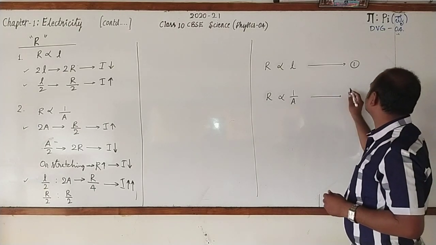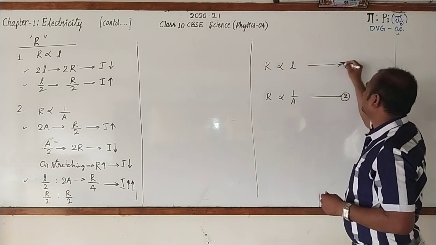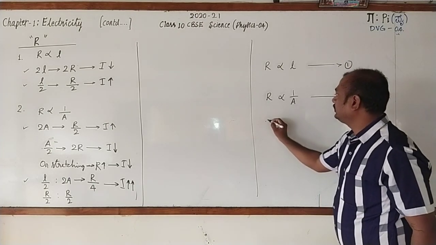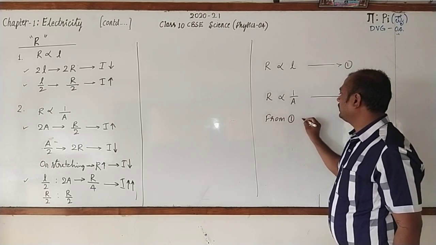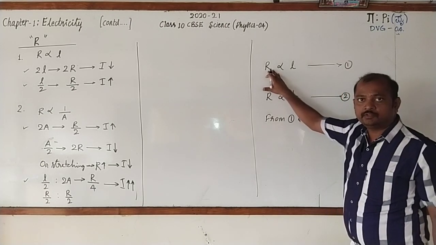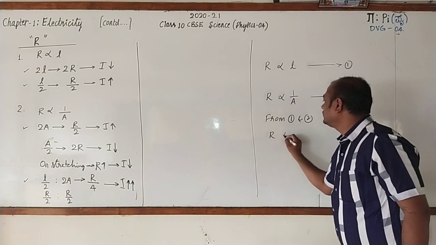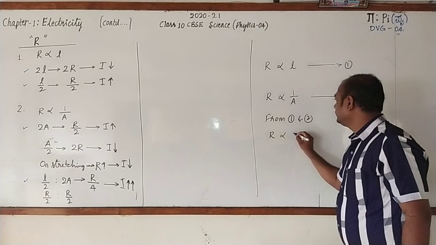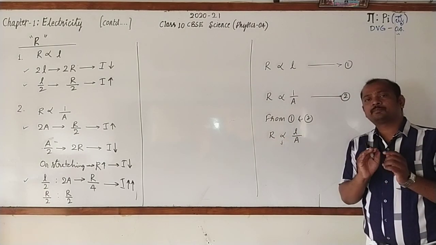You may call this as second statement. Now from 1 and 2, how can it be written? From 1 and 2, we can write these two statements combined as R is proportional to L by A. Then what is this? This is proportional.